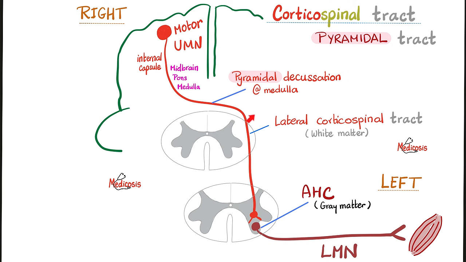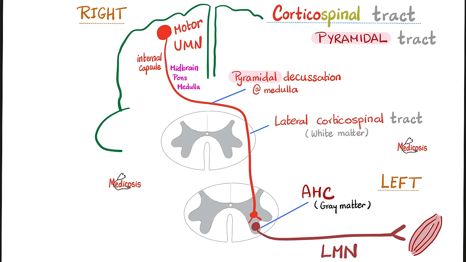The end of this upper motor neuron will be here at the anterior horn cell. It will synapse with the lower motor neuron at the anterior horn cell. This is also known as the primary motor neuron. The first one is upper motor neuron. The second one is lower motor neuron. The first one is a tract because it's part of the CNS. The second one is a nerve because it's part of the PNS.